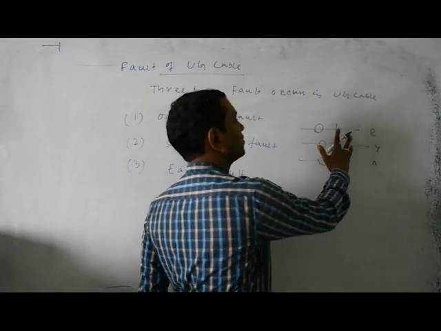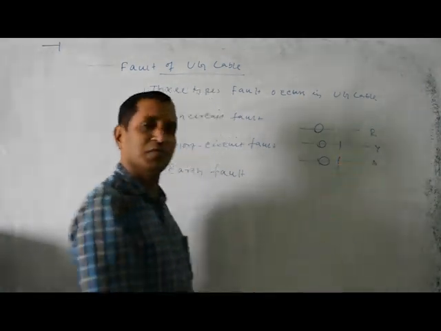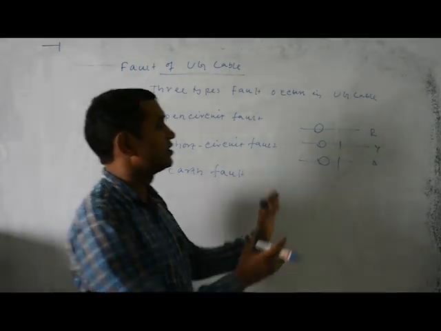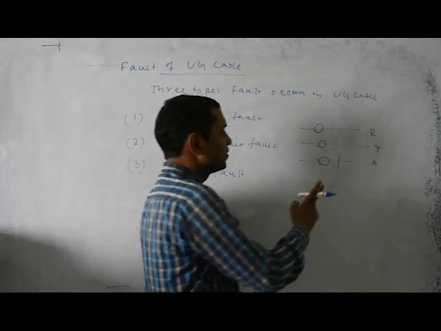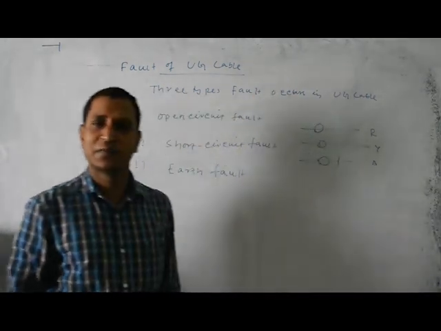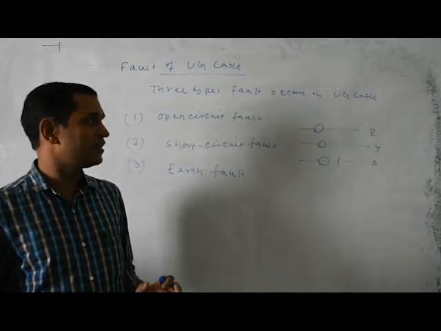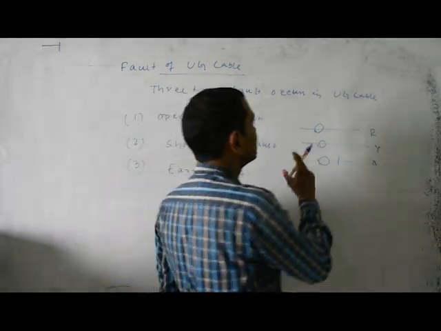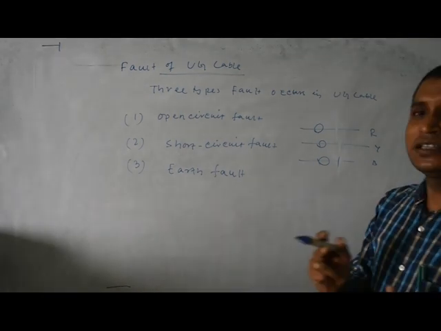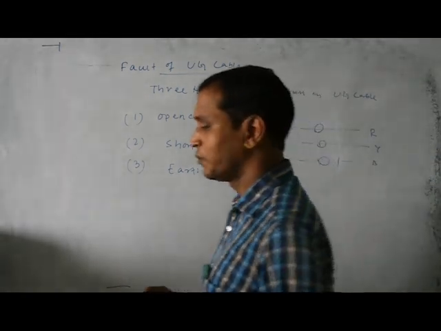If the Y phase is open, it is also an open circuit fault. If the B phase is open, this is known as an open circuit fault. Means one cable is open or broken, then this is known as the open circuit fault.